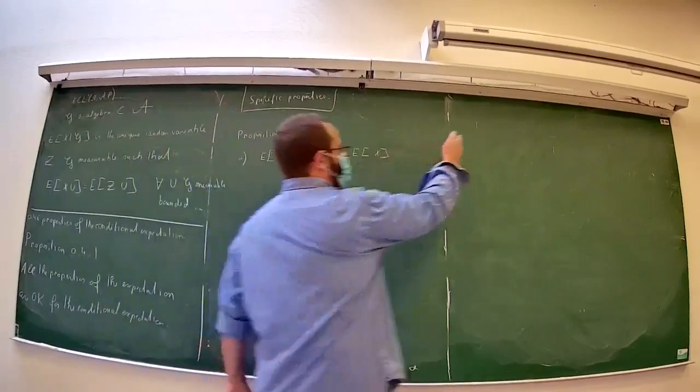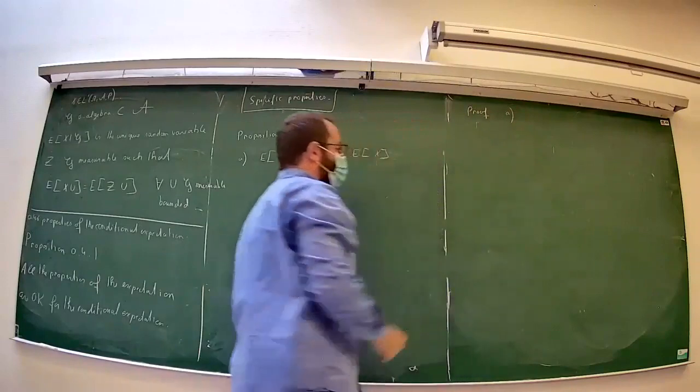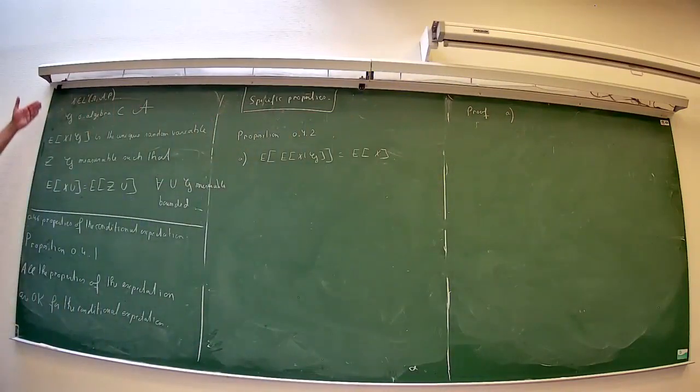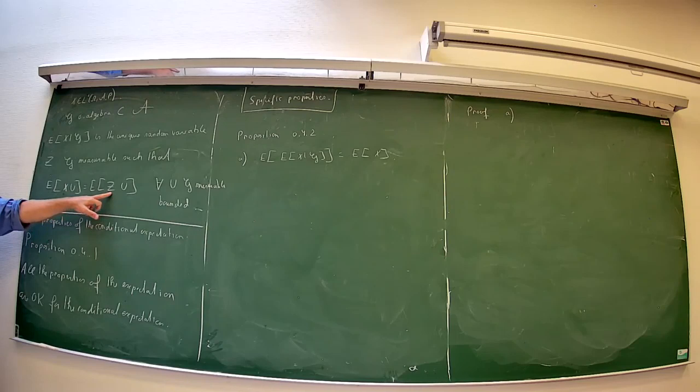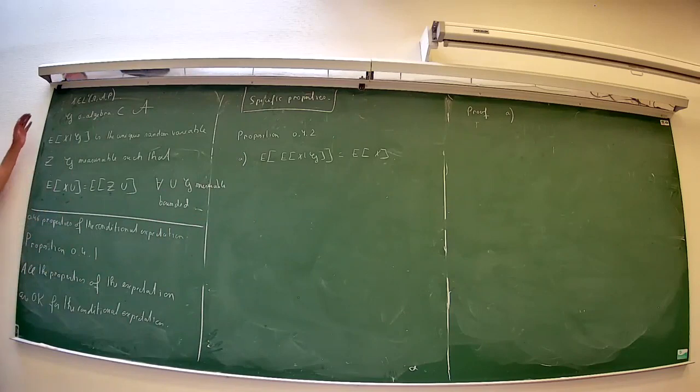Here I state, here I prove. Why? I come back to the definition, I have this here. In particular, I have this relation that is true for any U, J-measurable and bounded. Here x is my variable and Z is the conditional expectation. How to make appear the expectation of x and the expectation of Z? This is true for any U. If I want to have this, what do I have to take for U here, that is J-measurable and bounded?